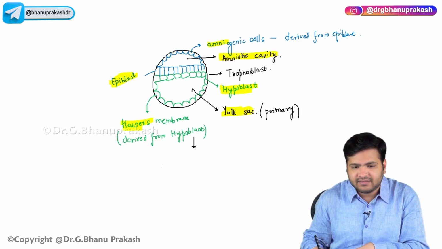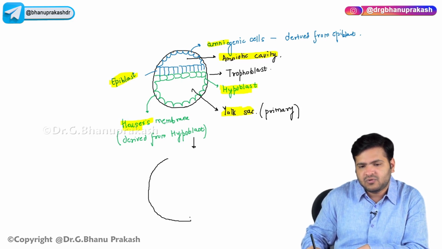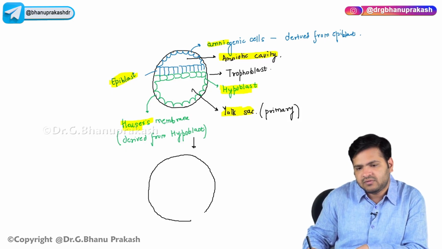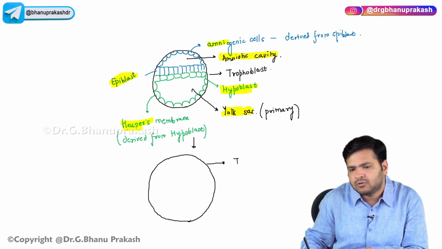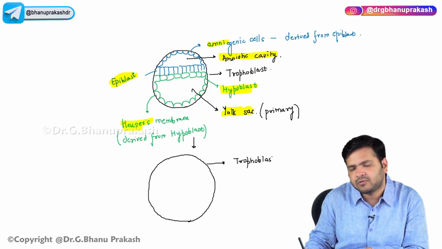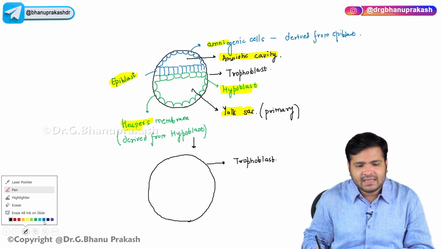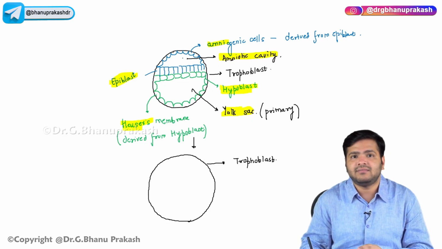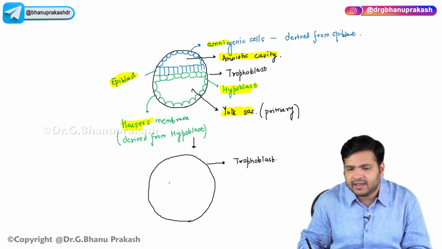So what will happen? Let us draw this. Let us suppose this is the trophoblast. To make it simple and easier, this whole blue color I will draw in a single line like this.